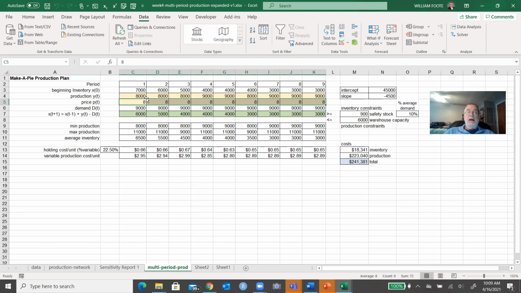Not going to worry about that. Now I'm going to start playing with it. What this basically says is keep price constant. Also, production is following very closely the minimum production line. Okay, the minimum production. So this is a very, very conservative model.